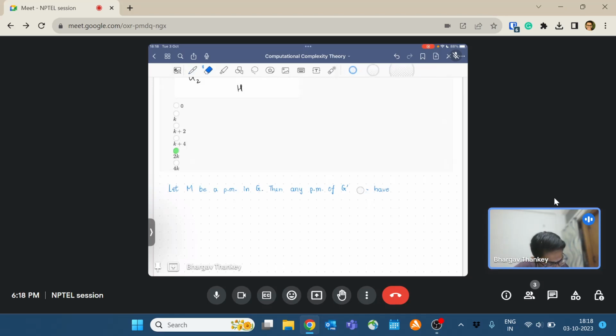Any perfect matching of G prime containing M union.